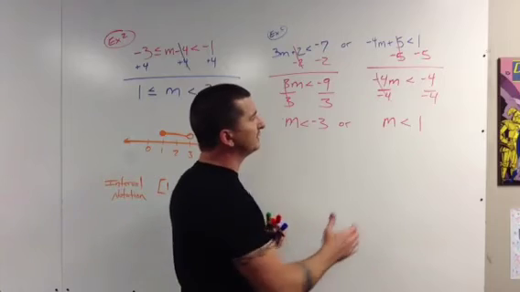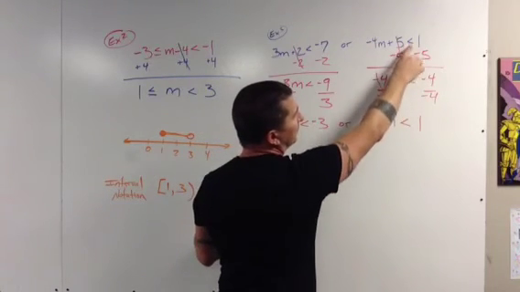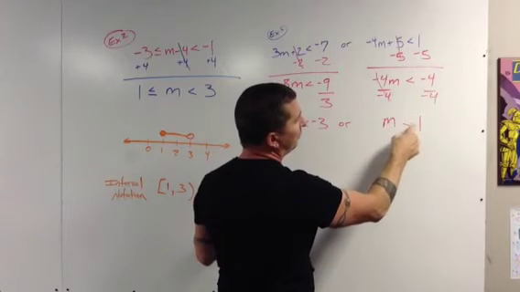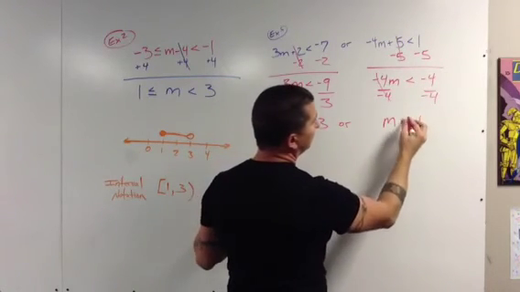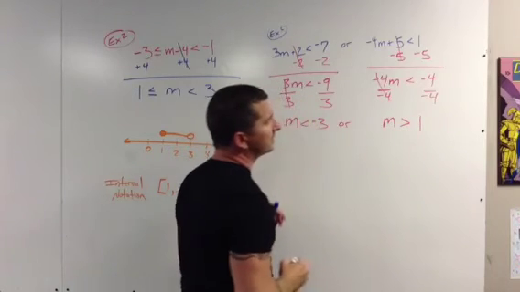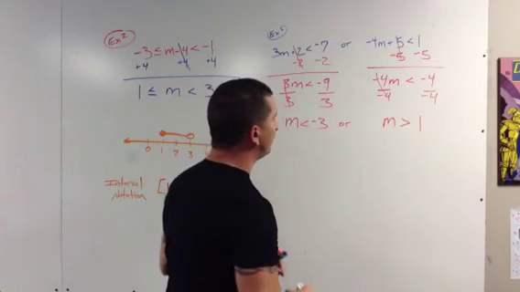Now one thing we need to do is, since we divided by a negative 4 on both sides, we need to flip our inequality. So this inequality now changes direction. So our answer is going to be m is greater than 1.